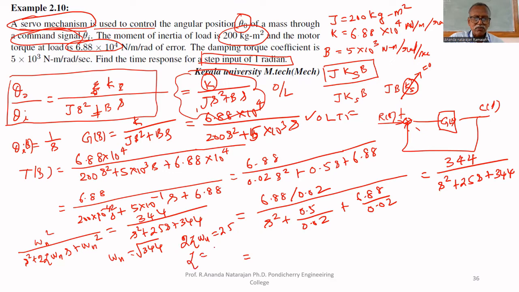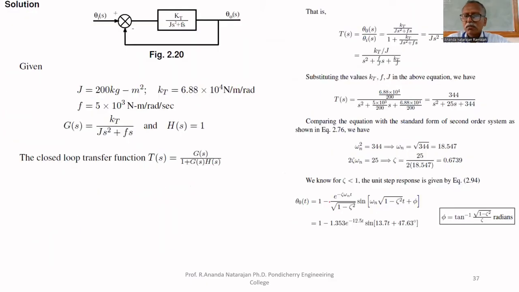Therefore, zeta equal to 25 upon 2 square root of 344. How much? Omega n is 18.54.